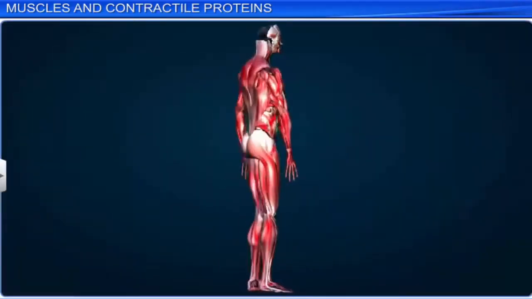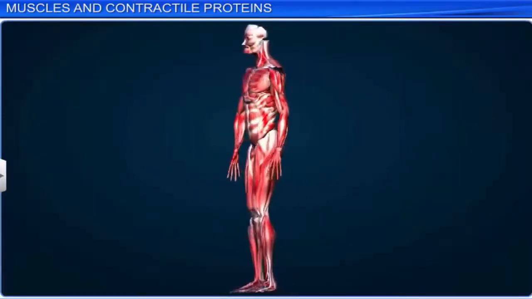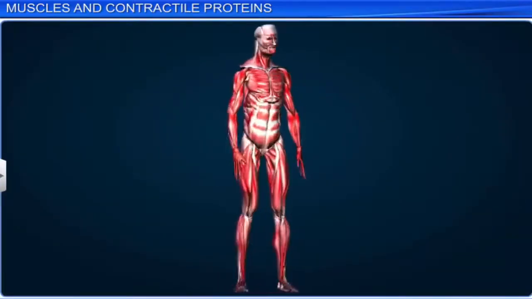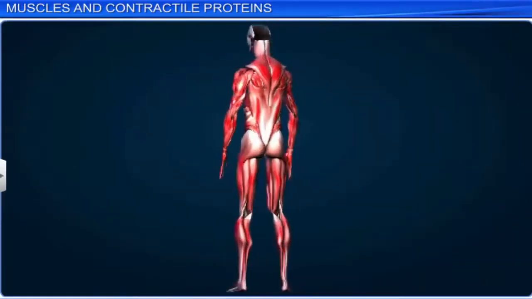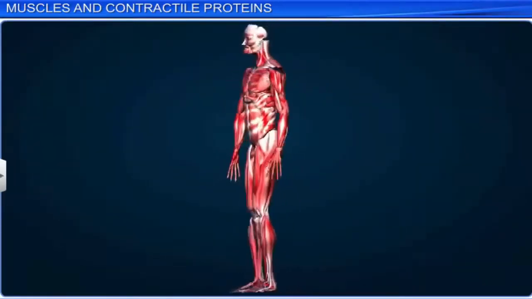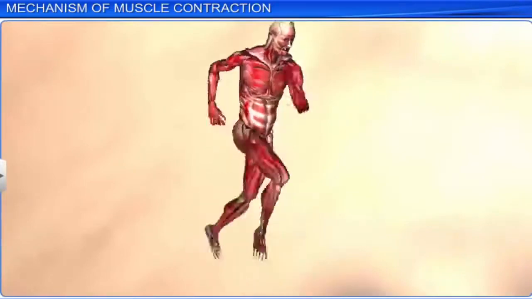Although the human body has about 650 muscles, in every physical action, whether blinking or running, there is an interplay of muscles as well as complex proteins. Muscle is a special organ that transforms chemical energy into movement.